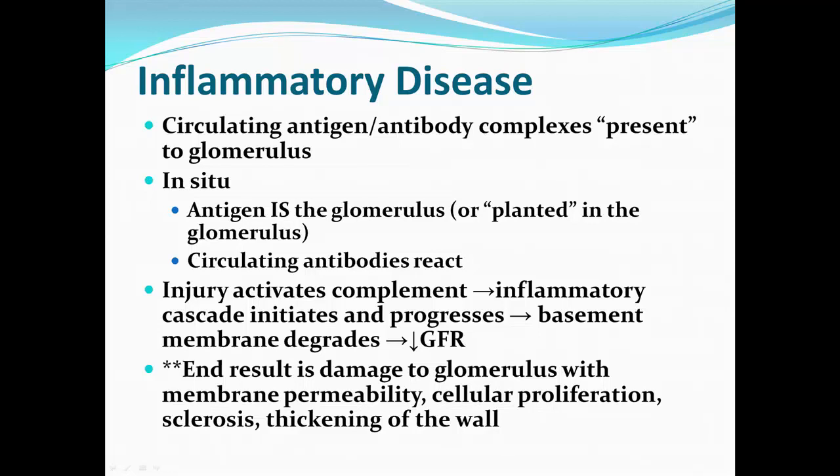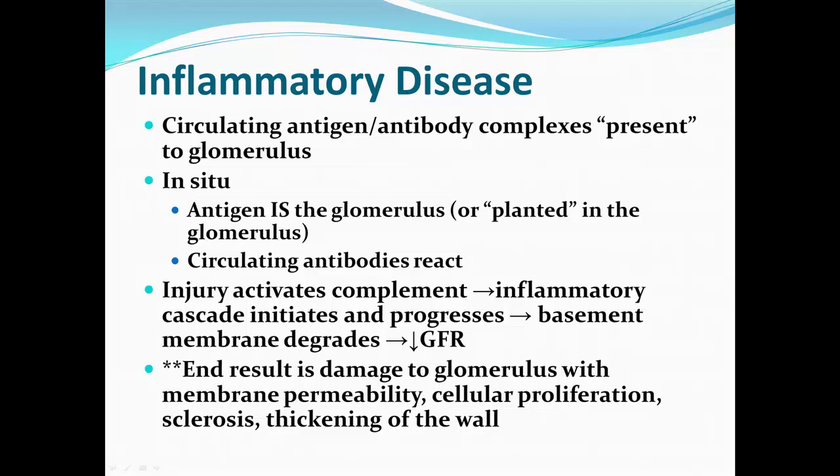One is you have circulating antigen-antibody complexes that have already been formed in the circulation. They get to the glomerulus, they present themselves to the glomerulus, and they essentially get stuck. They're trapped, and they begin to damage the glomerulus.